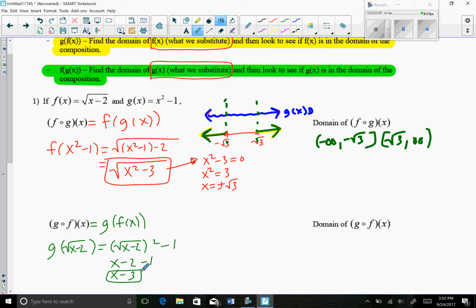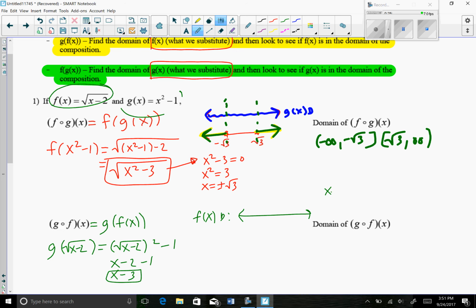Again, when I'm looking at this, I look at the domain of what I substituted in. That was my f of x. We did that in the first one. So my domain of f of x, so let's write f of x domain. If I look at that, we can draw our number line.